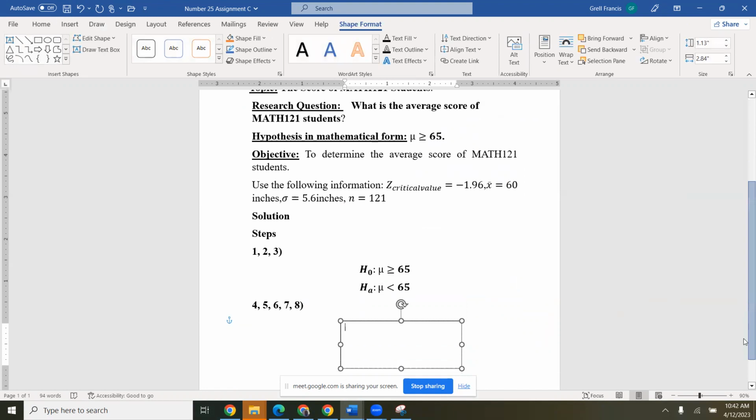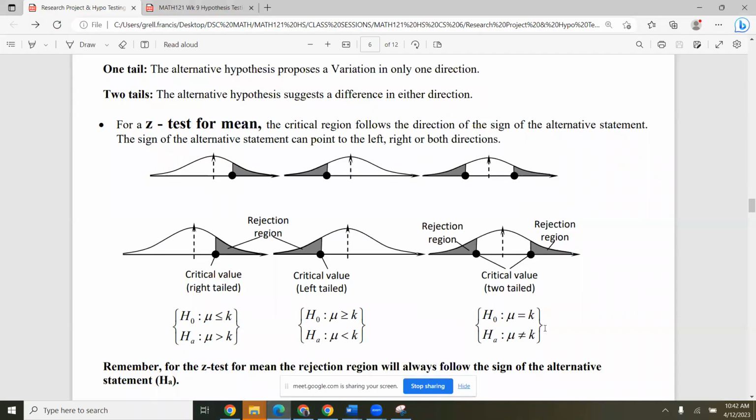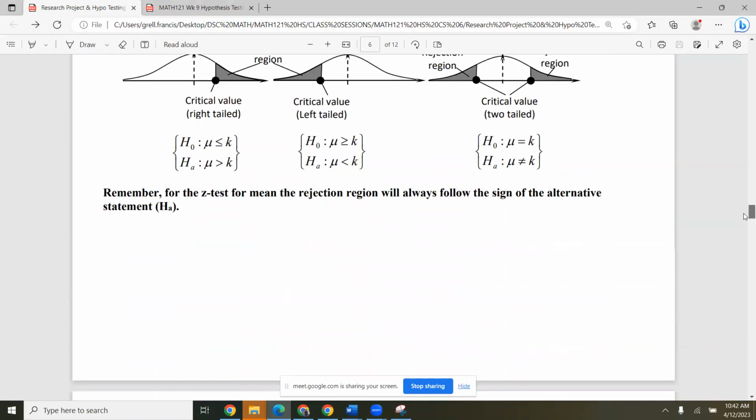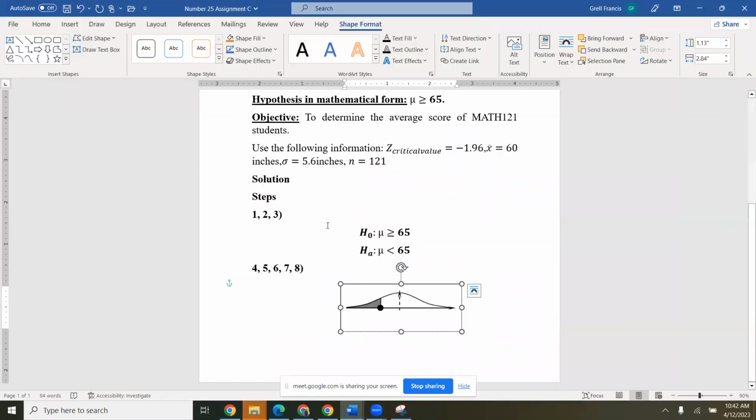We're going to put it here. And we've got to place the critical value on the critical point. That will be step number 6. Place the critical value on the critical point. The critical value here, we're going to use negative 1.96.